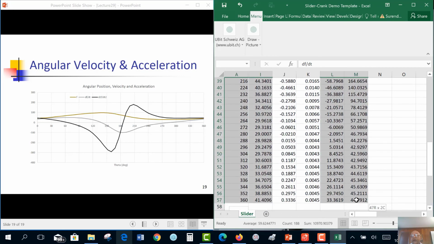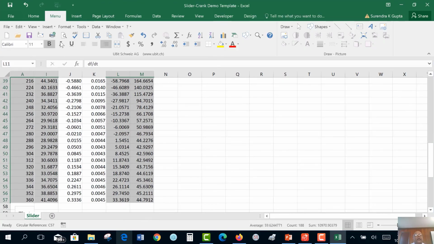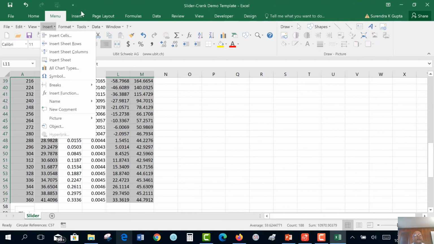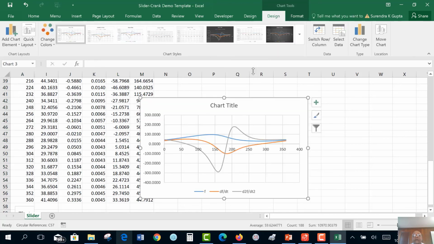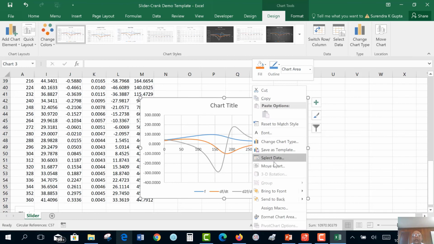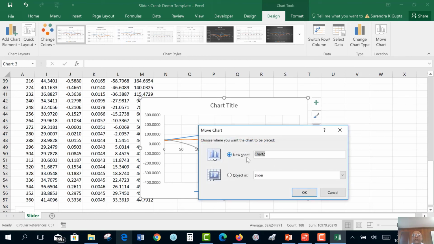So we are going to plot phi, d phi dt, d square phi dt square against theta. Okay, so insert, and we want smooth curves. So here we get, move to a new sheet.